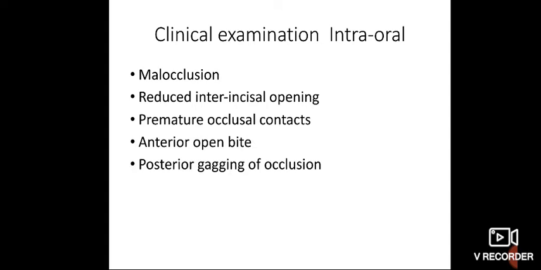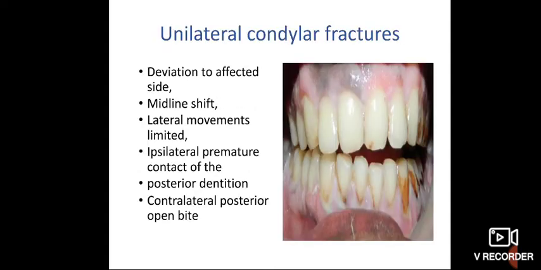There will be premature contacts, especially with unilateral condyle fractures. You can have anterior open bite with bilateral condyle fractures. You can have posterior gagging of occlusion. That is also due to loss of ramal height bilaterally, which can produce bilateral posterior gagging, or if it is a unilateral fracture, it will produce unilateral posterior gagging.